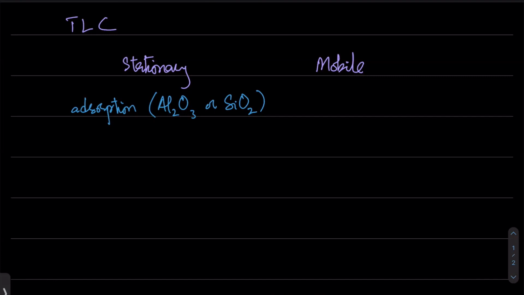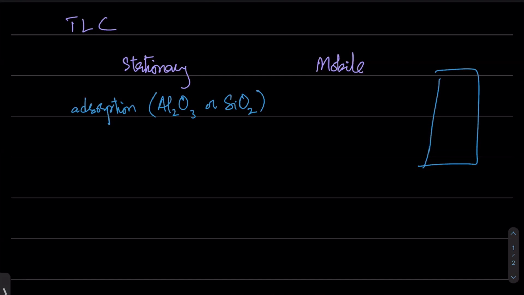Now what will happen? If the substance we are running the chromatography on makes strong bonds with this, it will travel less distance to the top. So if we have a substance and it forms a strong bond with the stationary part, then it will move lesser distances. Okay?